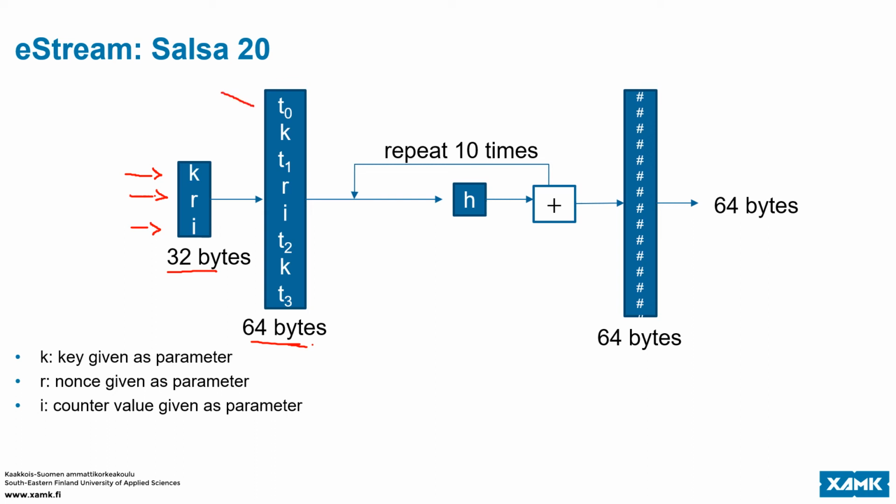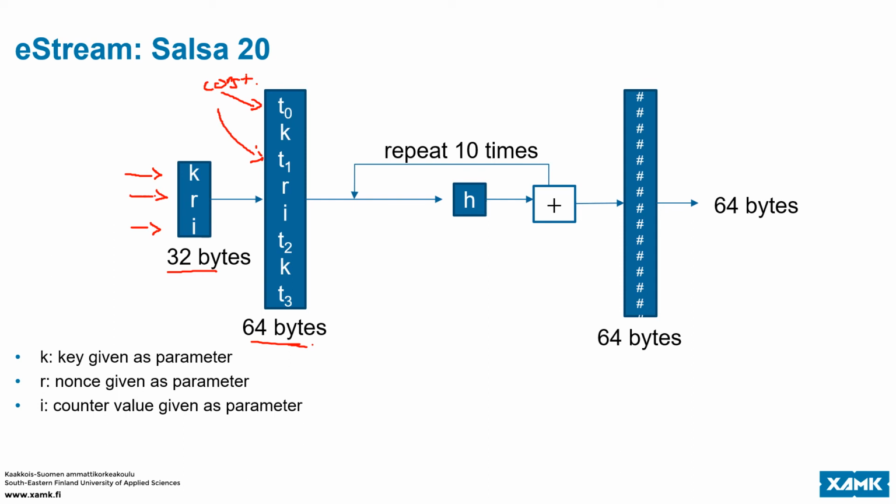So for instance here T0 is a constant, T1 is a constant as well, and so is T2 and T3. In this expansion there is nothing too mythical about it. It's simply padding this bit stream so that it emerges as a 64-byte bit stream from the original 32 bytes.